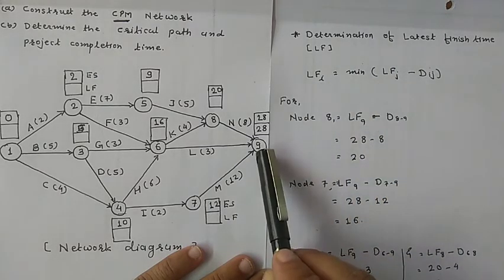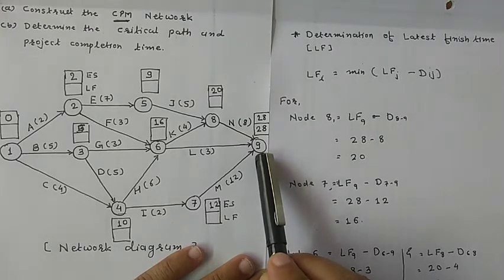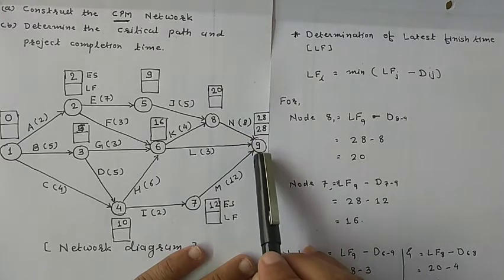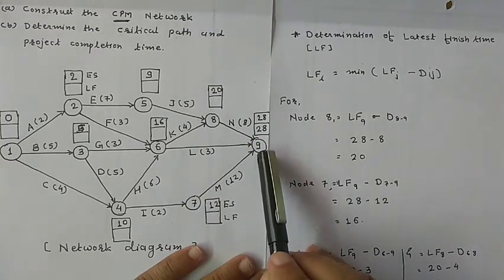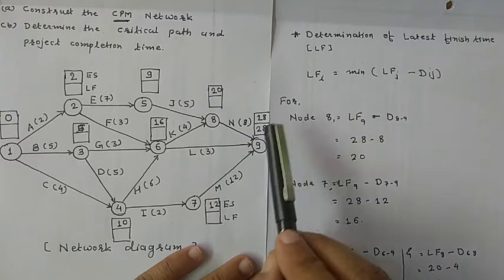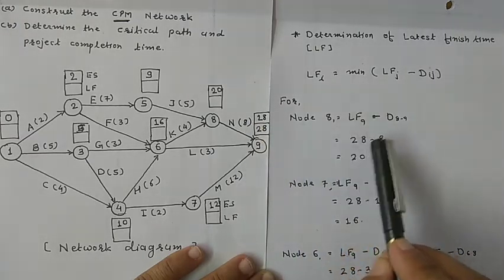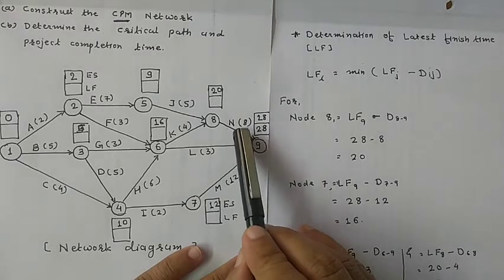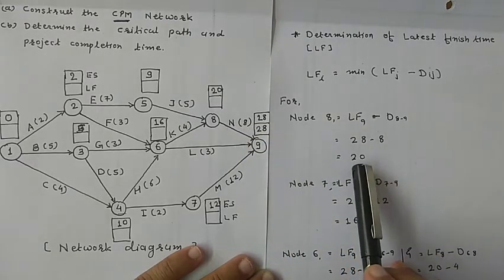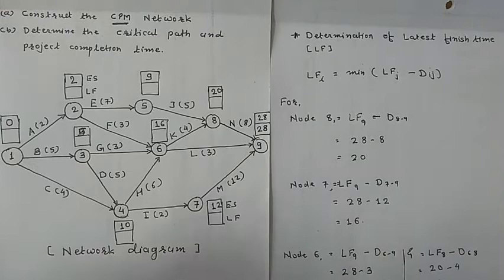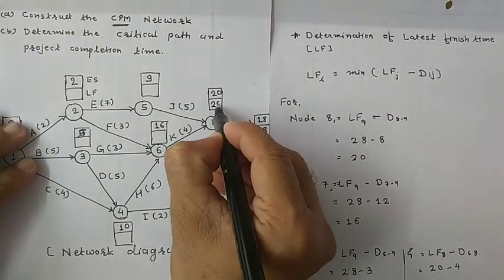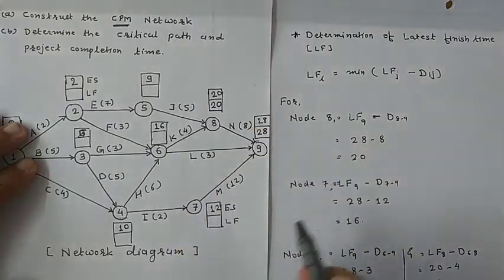LFJ means the latest finish time of the head event. This is the head event and this is the tail event for this activity. So the latest finish time of the head event minus the duration: 28 minus 8 is equal to 20. So the latest finish time of event number 8 is 20.